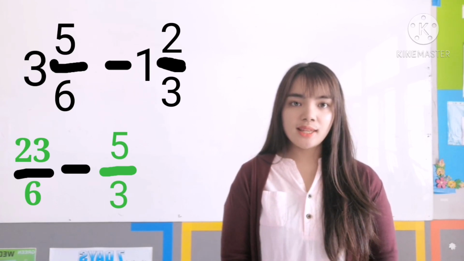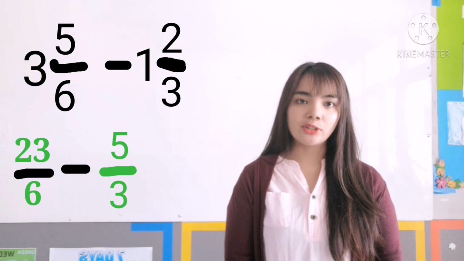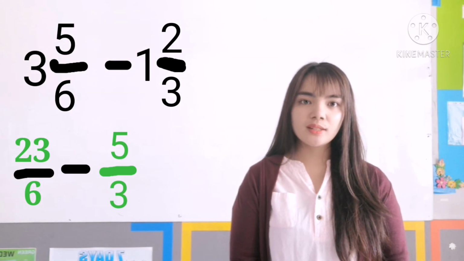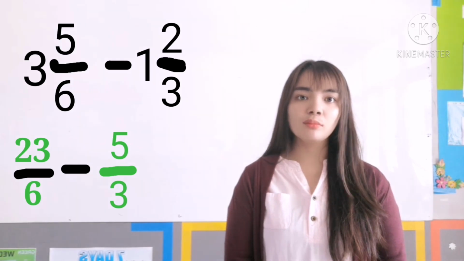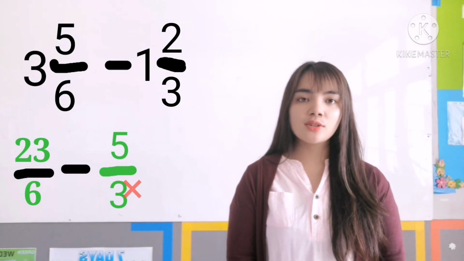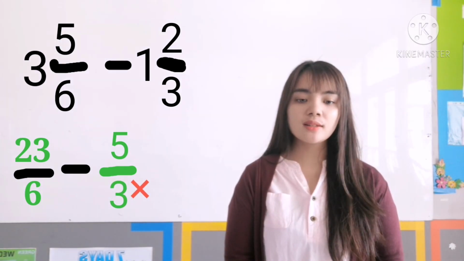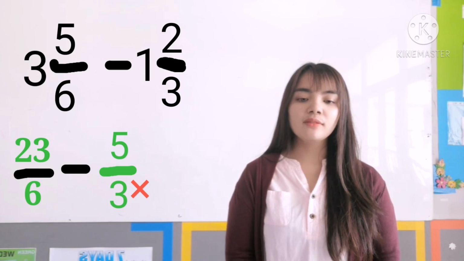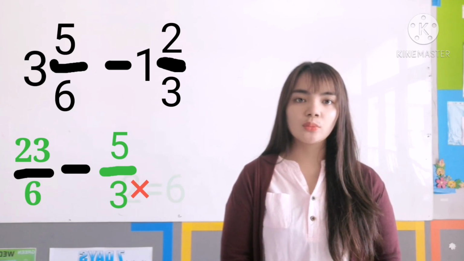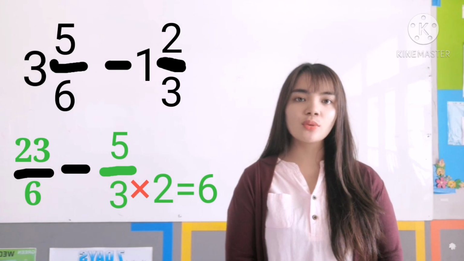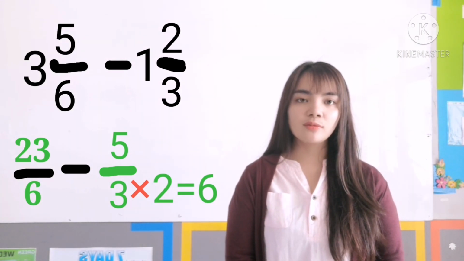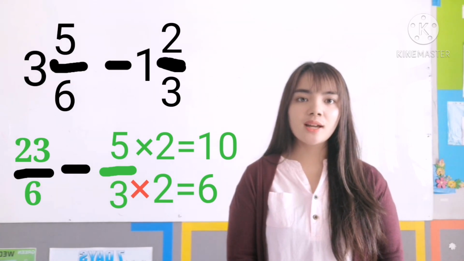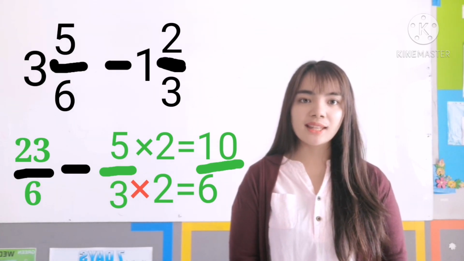As you can see, our denominators aren't the same. So second step, we need to find a number that we can multiply by 3 to make it 6. So we have times 2. So 3 times 2 is equivalent to 6. Then 5 times 2 is equivalent to 10.